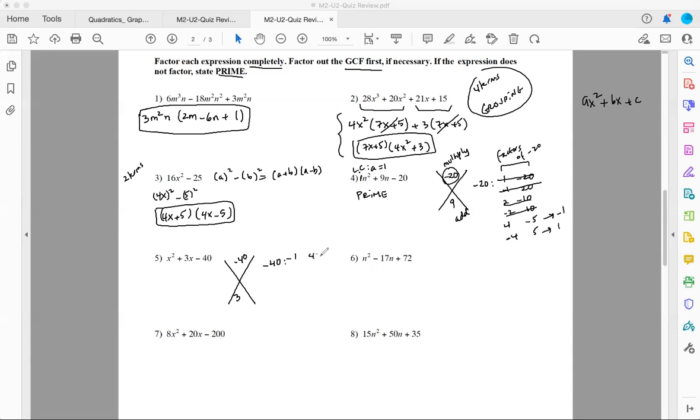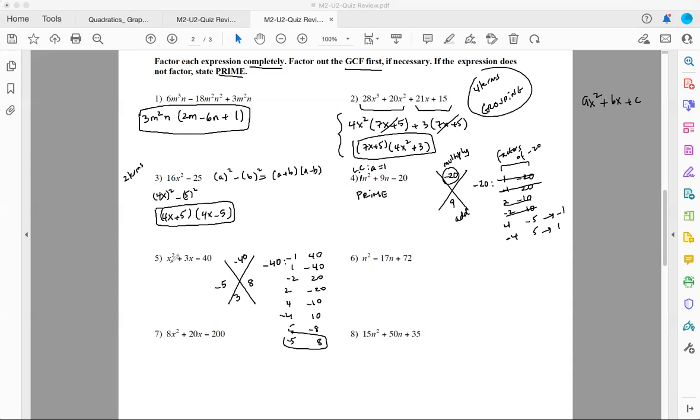Negative 1 and 40, 1 and negative 40, negative 2 and 20, 2 and negative 20, 3 doesn't go into 40, 4 and negative 10, negative 4 and positive 10, 5 and negative 8, or negative 5 and 8. Notice the last one, 8 minus 5, that's your 3. If you need more time, that's how you do it. So you get negative 5 and positive 8.